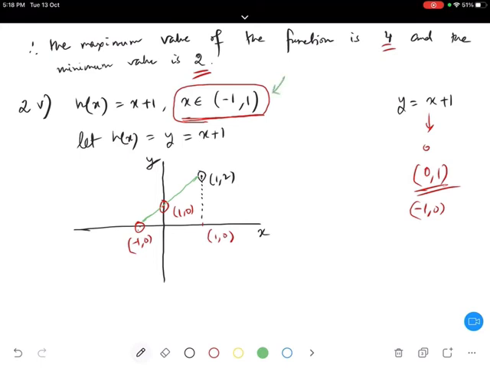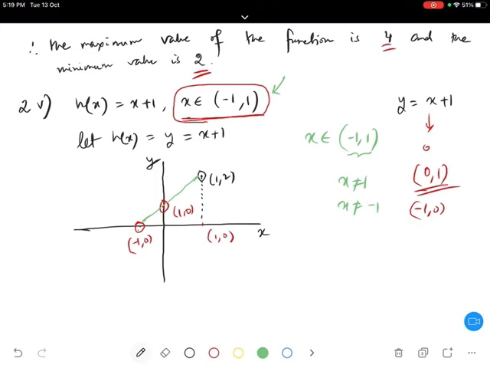Since my value of x is limited to -1 to 1, x cannot be equal to 1, x cannot be equal to -1. x will always be within this range, -1 to 1. Everyone understood? If x lies between -1 to 1, the function looks like this, a straight line passing through (1, 0).